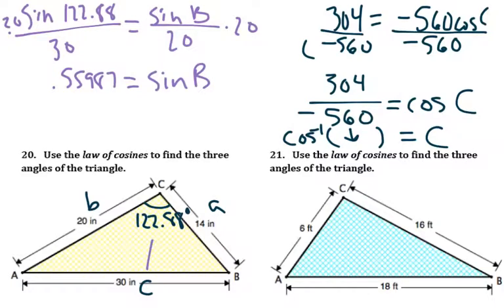So then I just hit the inverse sine of that answer, and that gives me 34.05 degrees. So angle B, 34.05. So then I go 180 minus 122.88 minus 34.05, and we get angle A is 23.07. Okay, and that's how we do it.